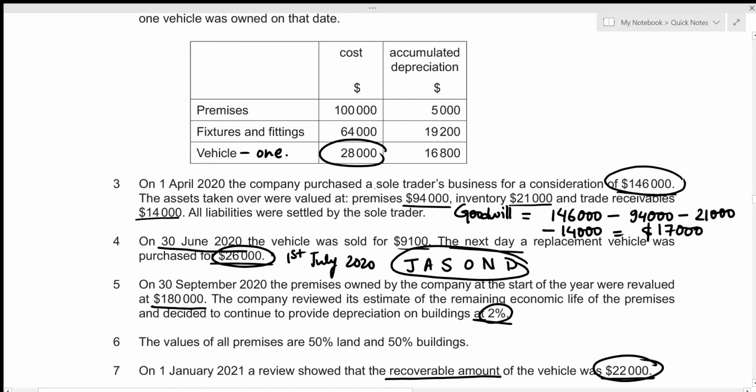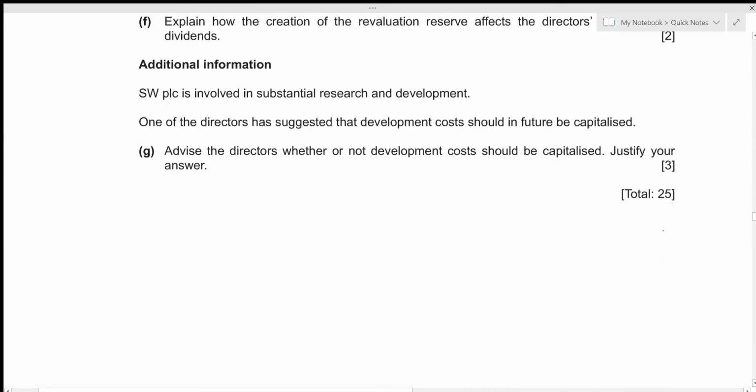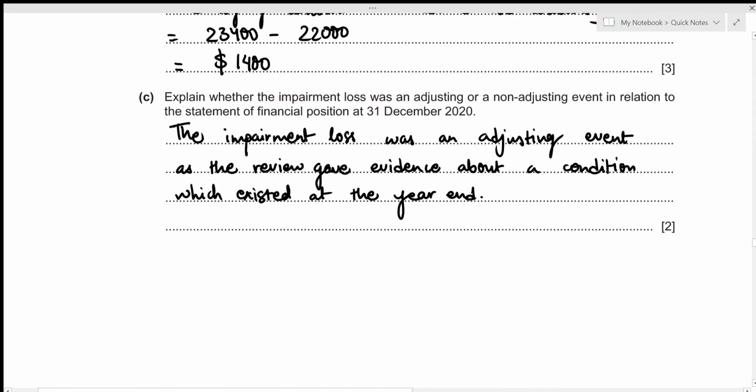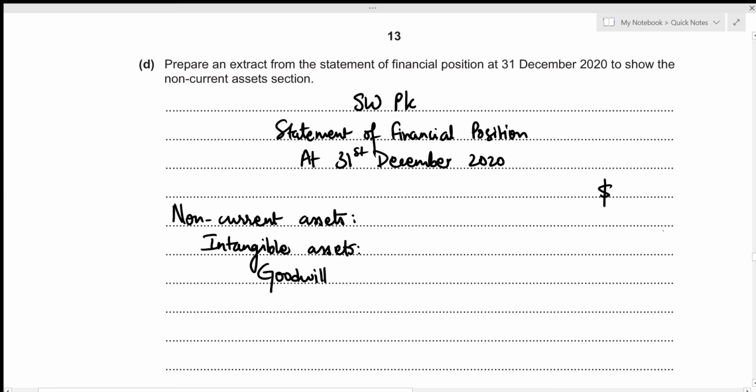So while purchasing a sole trader's business, SWPLC paid a consideration of 146,000, which resulted in a goodwill of 17,000. So we actually need to record it in our statement of financial position. Let's do that. So the goodwill is of 17,000.